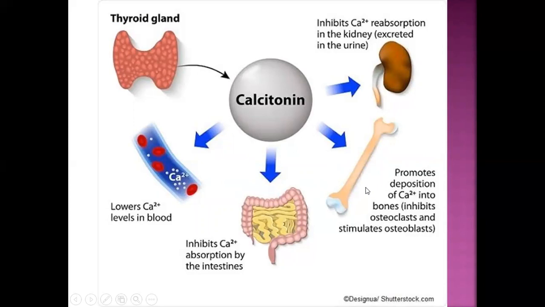It inhibits the osteoclast cells, and it inhibits calcium absorption by the intestines. This lowers the calcium levels in the blood. Calcium should be higher in the bone and lower in the blood. So all this is regulated by calcitonin, which is released by the thyroid.